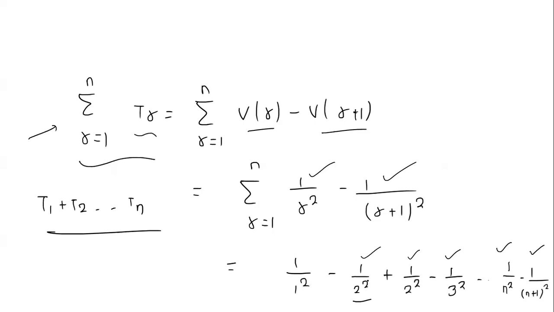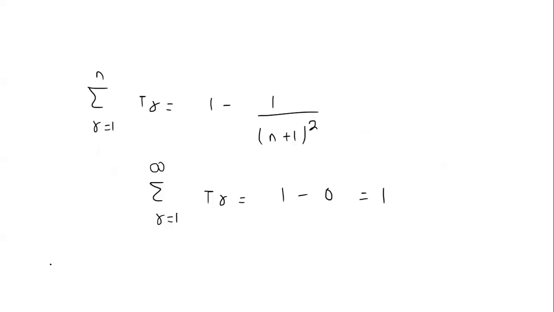Now you see different terms are cancelling. This term will cancel with this term. In the next, it will come 1 by 3 square, which will cancel with this. So only the first term and the last term will remain. So 1 minus 1 divided by n plus 1 whole square. This is the sum of n terms of the given series.